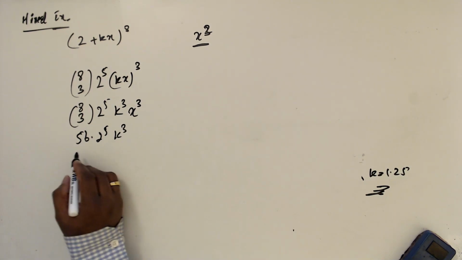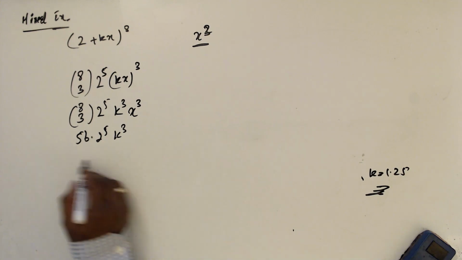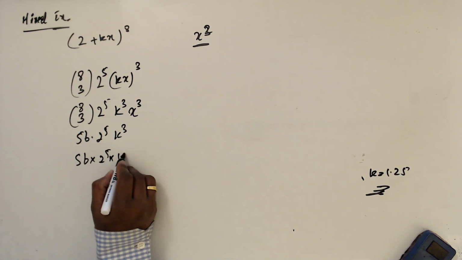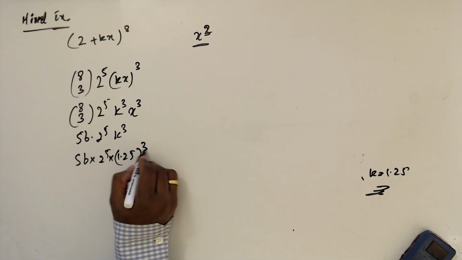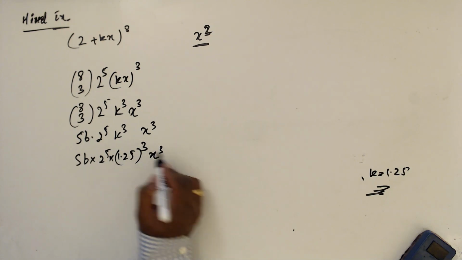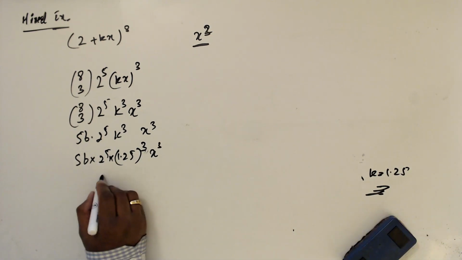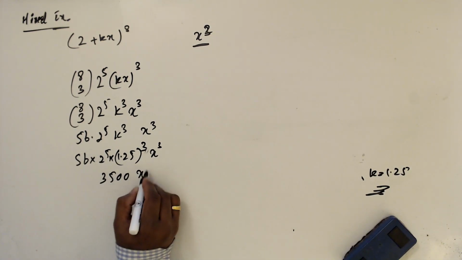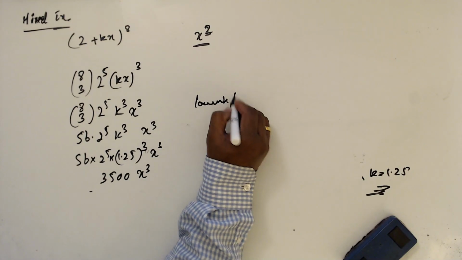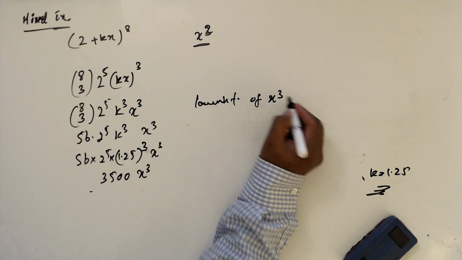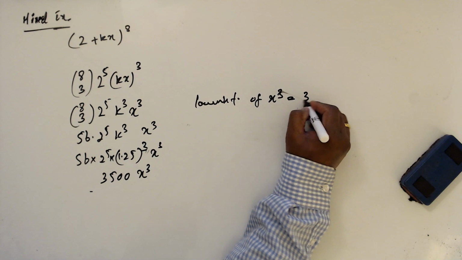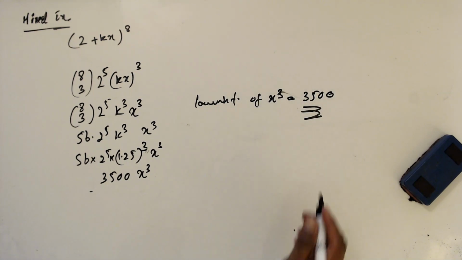But now we know that k is 1.25. So 56 times 32 times 1.25 cubed times x cubed. This is going to be 3500 x cubed. So the coefficient of x cubed is 3500.